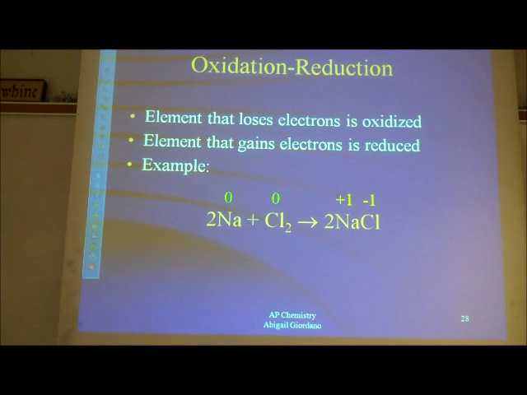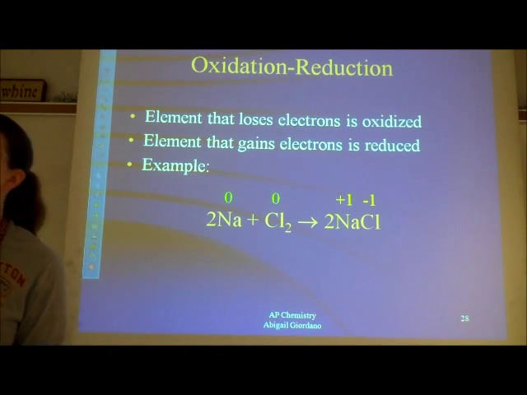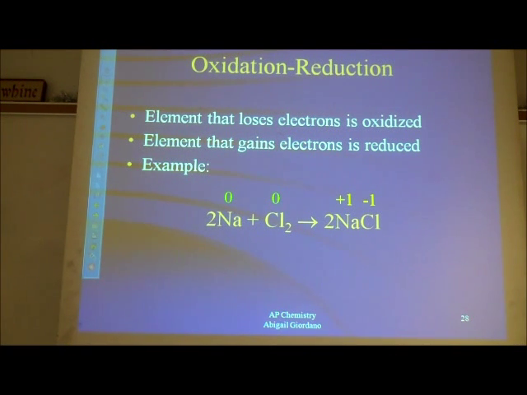What element is being reduced? You will notice in the list of problems for Chapter 4, one of them has something after in the parentheses. I think it's number 71. It says, ignore the part in the directions about the reducing agent and the oxidizing agent.